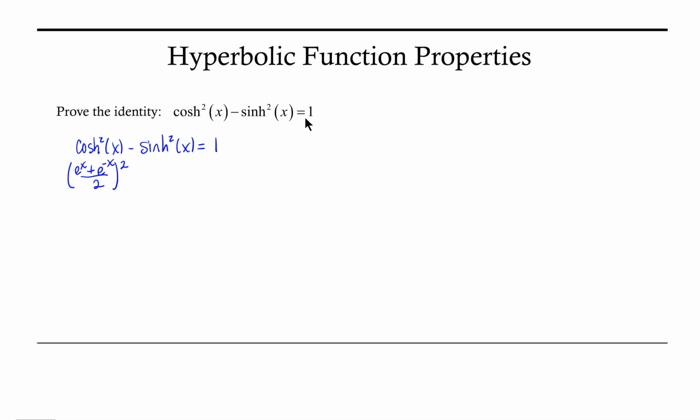and we're going to square that, minus sinh squared of x, so that is e to the x minus e to the negative x over 2 squared, and we want to show that that is equal to 1. So we're going to have to square both of those quantities.